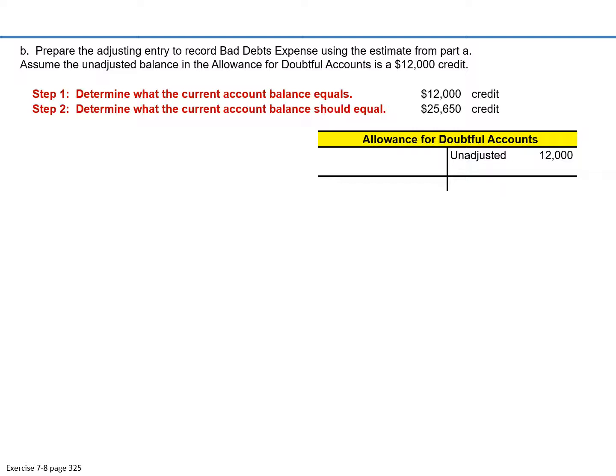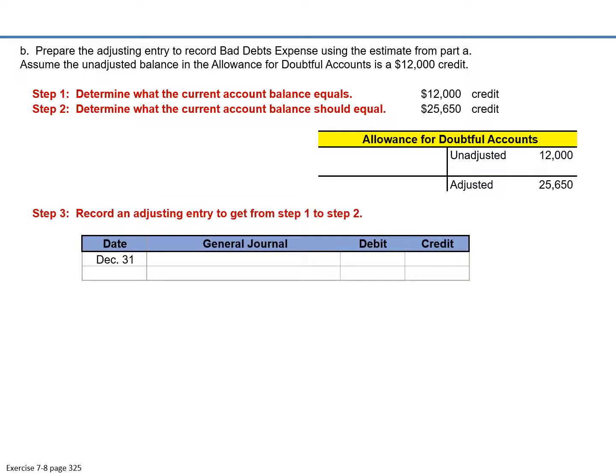That was the total receivable bucket times 4.5%, for an adjusted balance of $25,650. So to get to $25,650, when you start at $12,000, you need a credit adjustment of $13,650. So we have allowance for doubtful accounts of $13,650 credit, bad debt expense $13,650 debit.